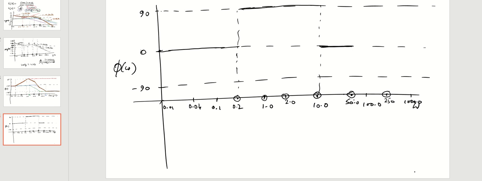All right, without accounting for the corrections, we're just drawing the asymptotes. So you come down by 90 degrees and you come a further 90 degrees down from this point on. Okay. So essentially what we have is something that looks like this.